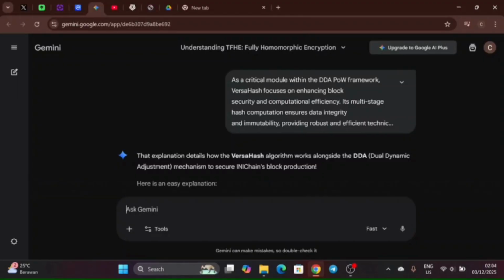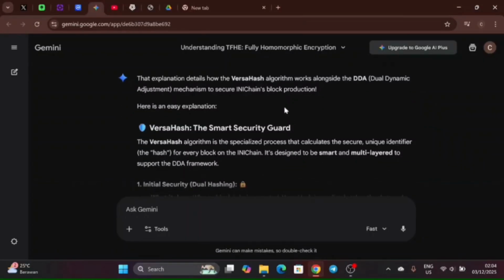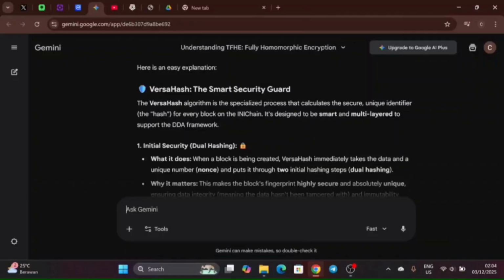The explanation tells how the Versa Hash algorithm works alongside the DDA. Versa Hash is a smart security guard. By analogy, like we have a big box, and Versa Hash is the smart security guard for this mechanism.